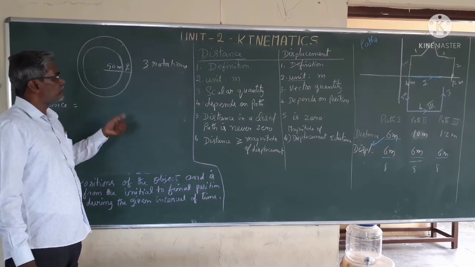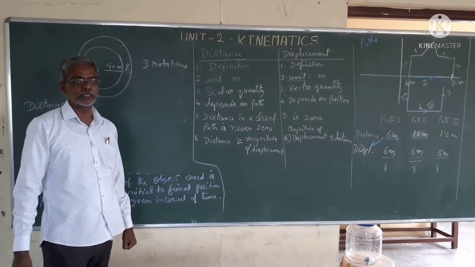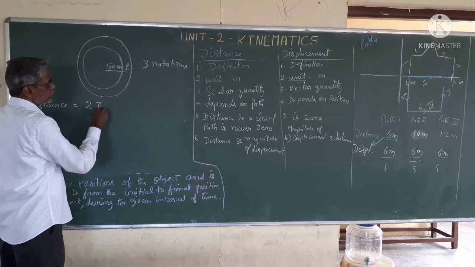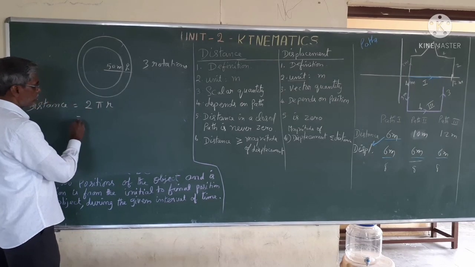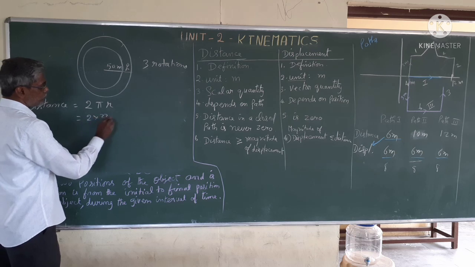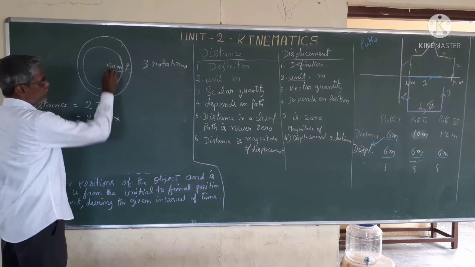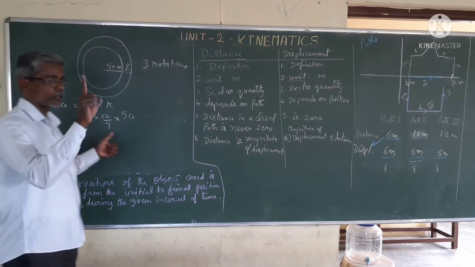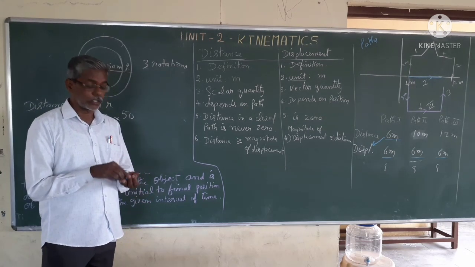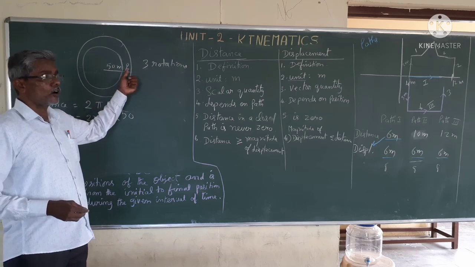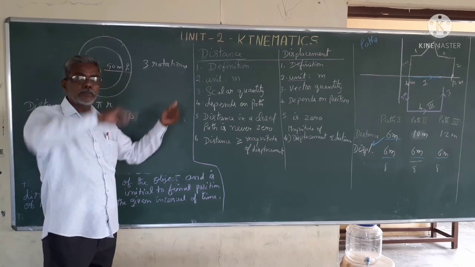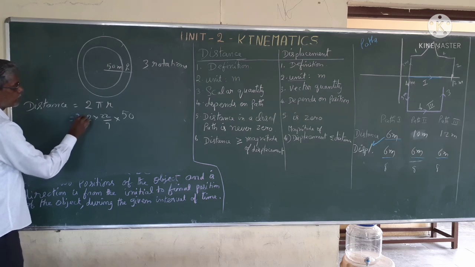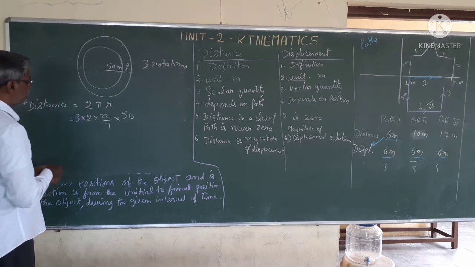This circle is in the form of the circumference of a circle. So, what's the formula for circumference? 2 pi r. I can write 2 into 22 by 7 into the radius, 50 meter. This will give 1 rotation. This athlete, how many rounds is he making? 3 rounds. So multiply by 3. So what will be the distance now?